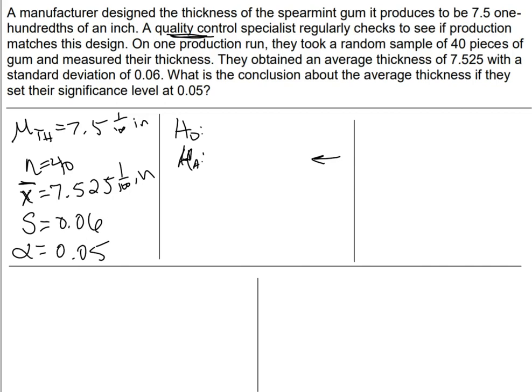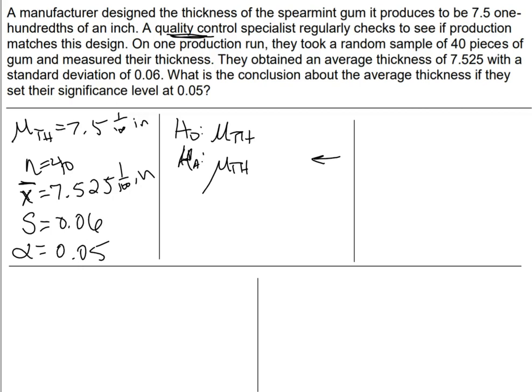So these are going to be statements about the average thickness. Remember, for the null and alternative, we're not talking about a sample value, but about the population value. So I'm going to do the average thickness, and think for a second. What they want is the average thickness to be 7.5. Think about what you want to put in the alternative.